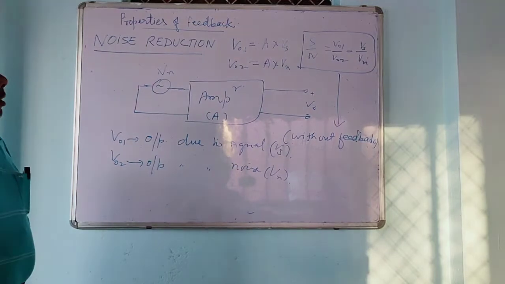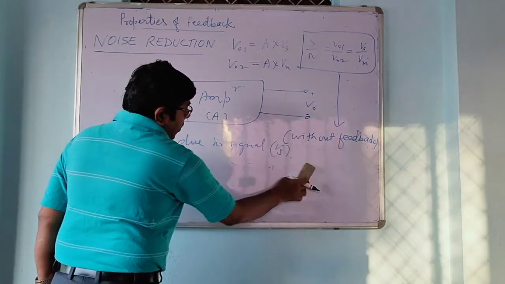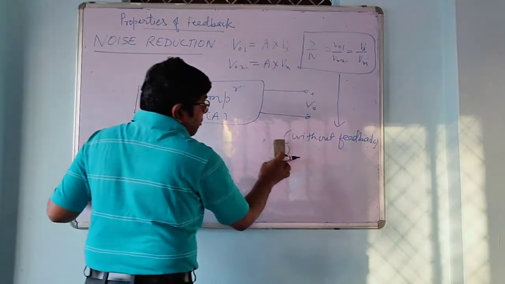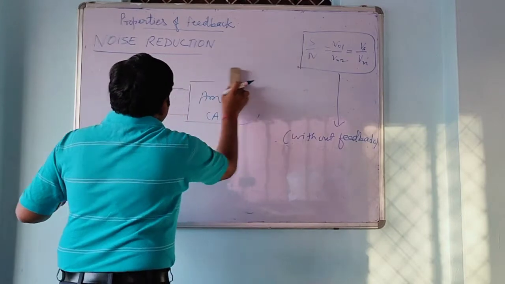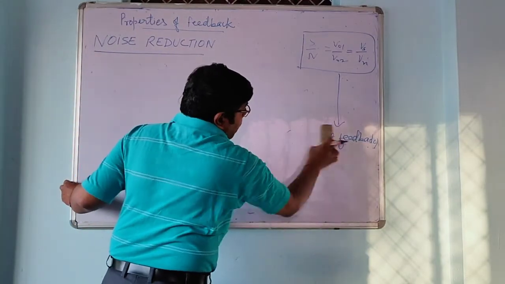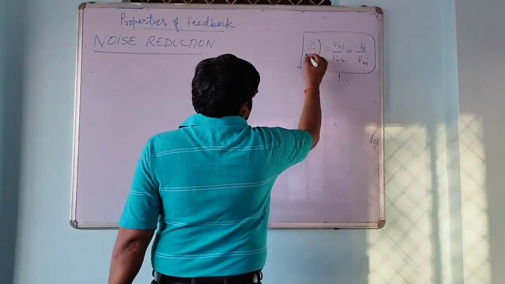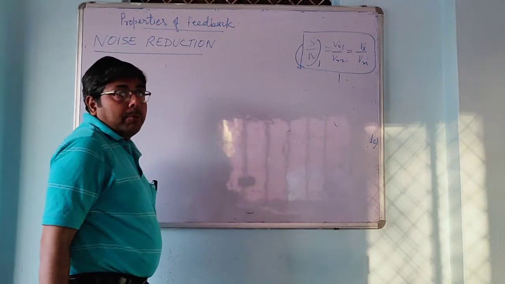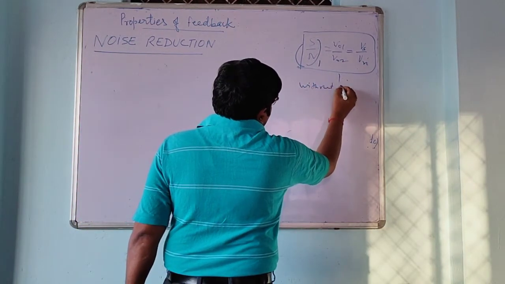Now we will see what is the effect of using feedback. If we are using feedback, then what is the signal to noise ratio? So this is the signal to noise ratio, first part, without feedback.